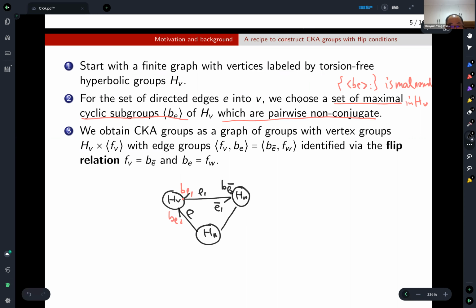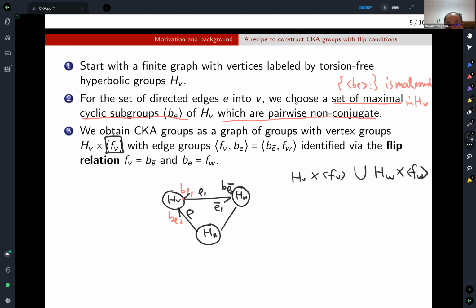The CK groups require each vertex group to be a product of a hyperbolic group with some cyclic group or some central extension. Here we just take this direct product. So for each vertex group, we choose a fiber group and take the product, so we have HV cross FV, and the other vertex group HW takes the fiber FW. Then we glue them together. So here we have the edge group.